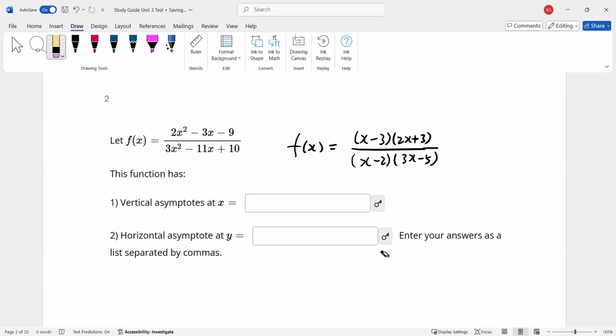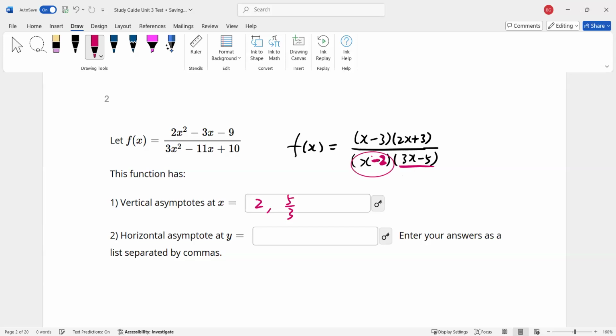Since in the denominator we have 2 factors, right? I'd like to highlight them in red. For this one, we would have to solve. So the vertical asymptotes occur at x equals 2 and 5/3. Because positive 2 will make this factor be 0, right?